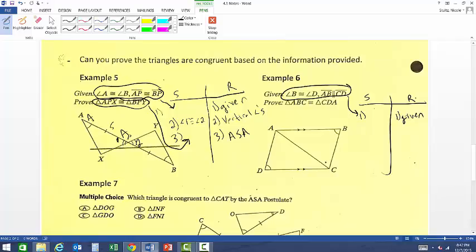All right, we have given. Now this one's going to be a little bit longer. It's a little bit trickier. They are telling us that AB and CD, these 2 lines, are parallel. That does not mean they're congruent. That's not the same thing as a tick mark.